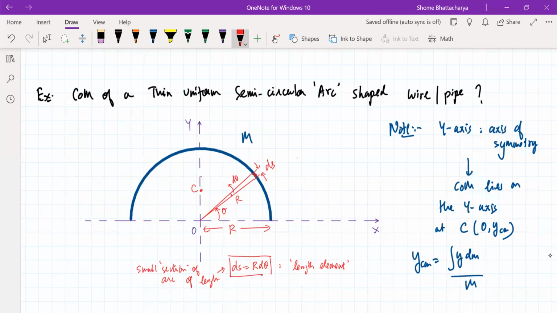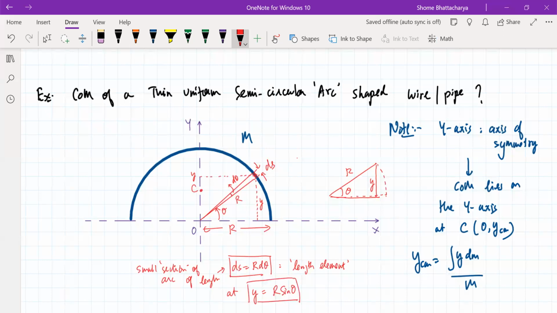Now that section's y coordinate is this. You can see this is the y coordinate of that. So it is at y equal to r sine theta. You can see from the trigonometry of this triangle: this is r, this is theta, and this is y.